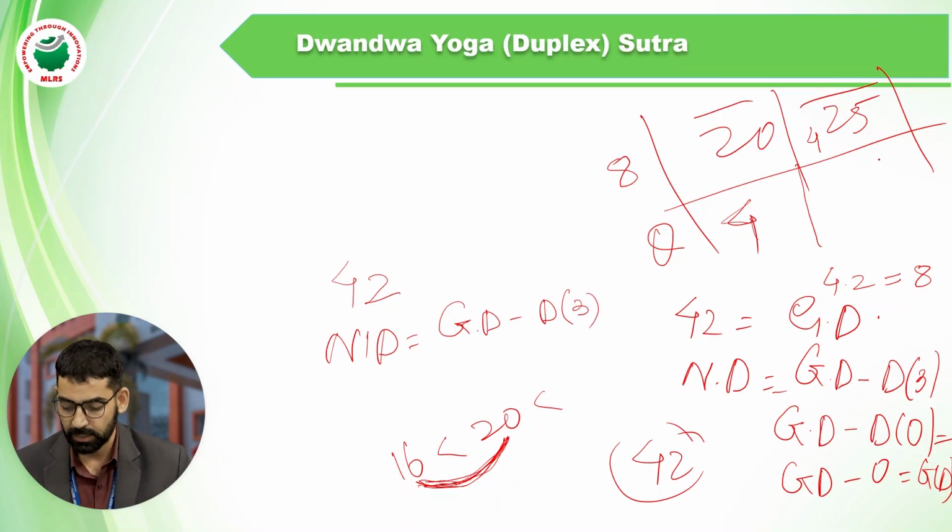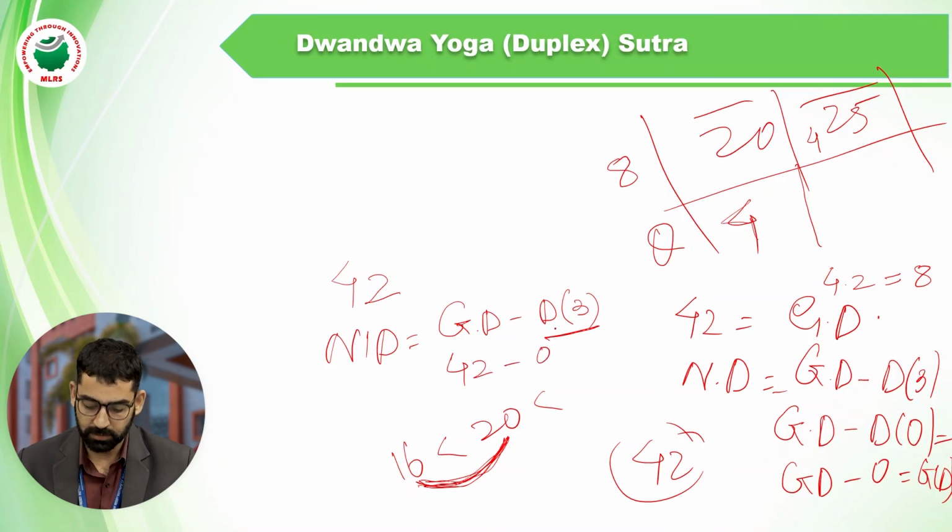But as you clearly see from this compartment, there is no number appearing here. So we can take 42 minus 0, duplex of 0 is 0, that is 42. So in the first case, the value of gross dividend and net dividend are equal, which is equal to 42.